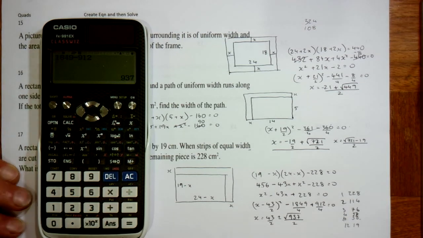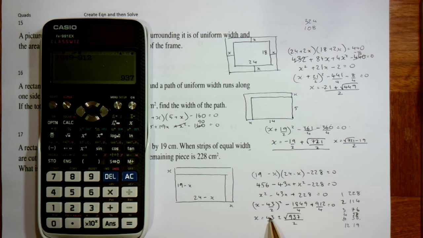The square root of 937 is 30 and a half or so, 30.6, something like that. When we add the 37, 30.6 divided by 2, no, because we can't take that away from 24 and leave a whole number.